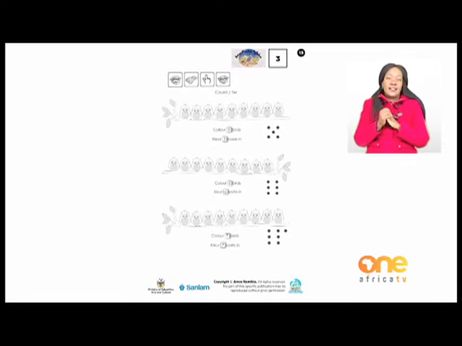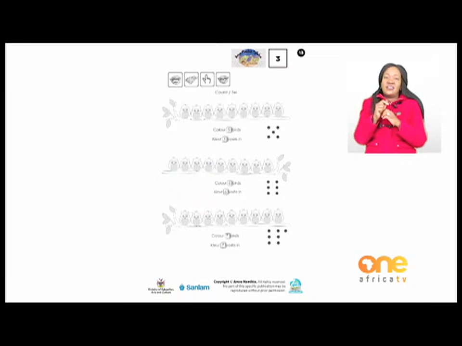In the next row, we are instructed to color 6 birds. Do we know how to count up to number 6? We have dots right under the branch. Let's count and find out how many black dots are under the branch.